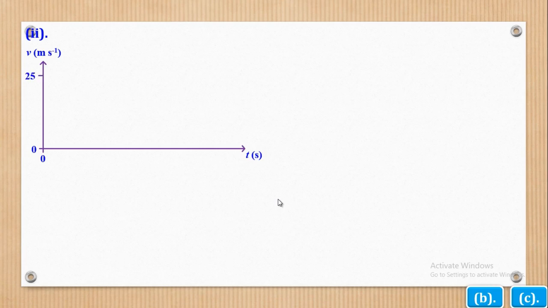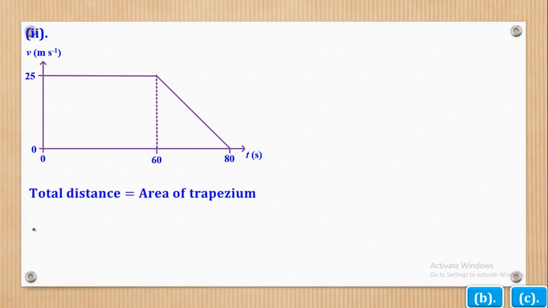Initially it was traveling at 25 meters per second for 60 seconds, then it started retarding for 20 seconds. That's why there is 80 here. So total distance is equal to the area of this trapezium.